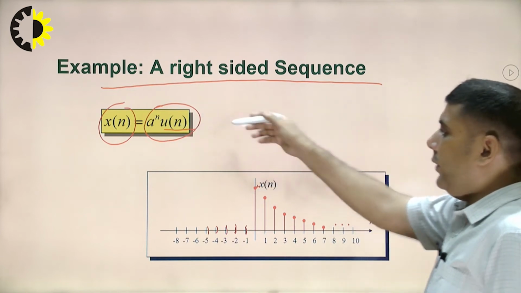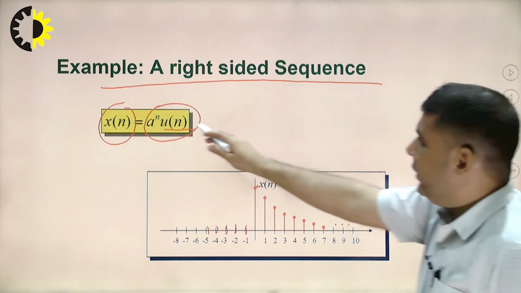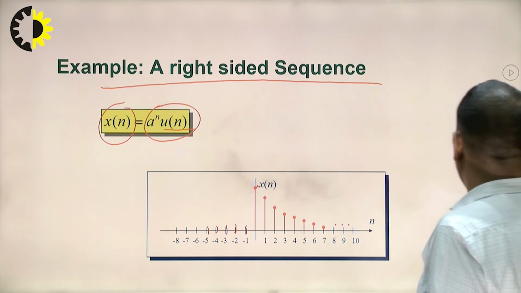Here a may be less than 1, so this is the case. If it is greater than 1, then it may be an increasing type.